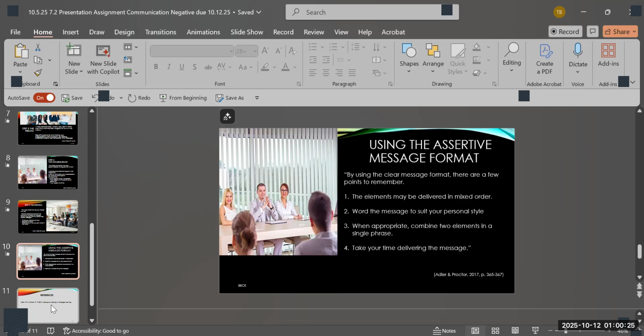So that means based on your own personal interpretations and understandings of what's happening, you formulate your own message format to present when you're addressing issues. When appropriate, combine two elements in a single phrase when possible.